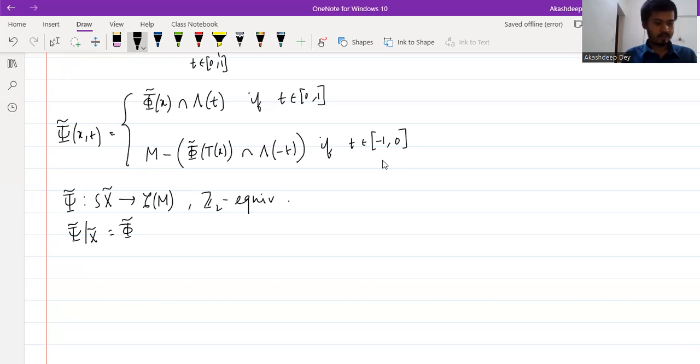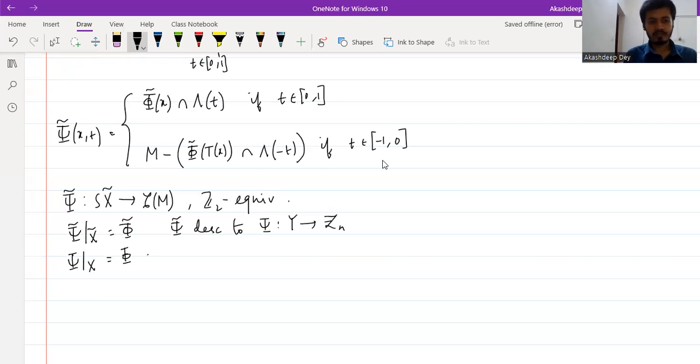Now, since psi tilde is Z mod 2 equivariant, psi tilde descends to a map psi from Y to Zn, and we'll have psi restricted to x is equal to phi.